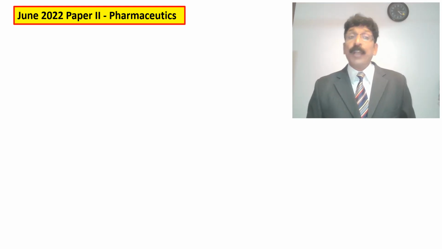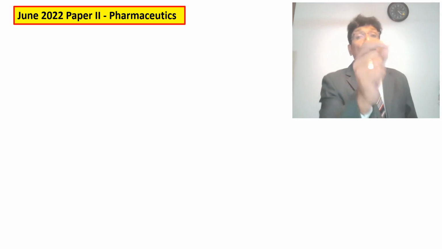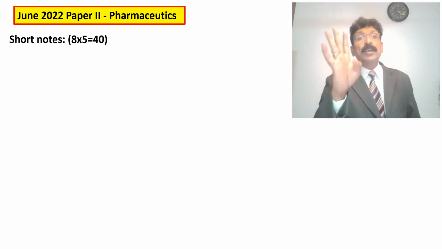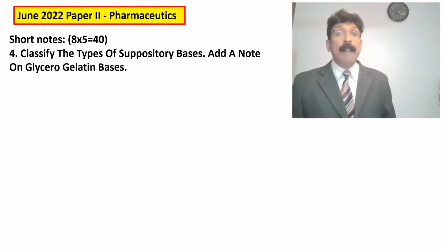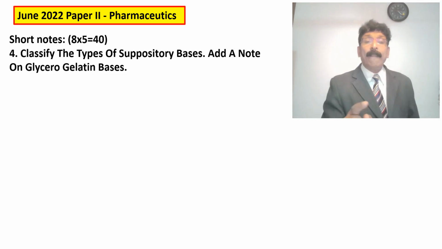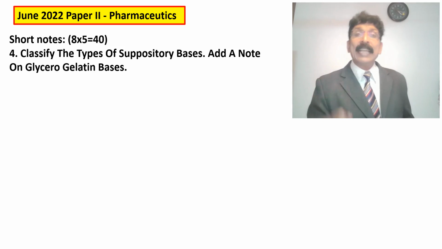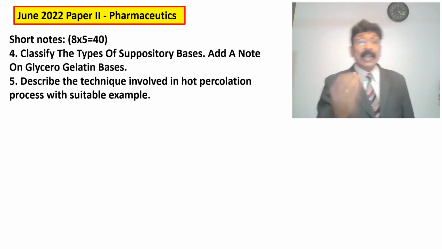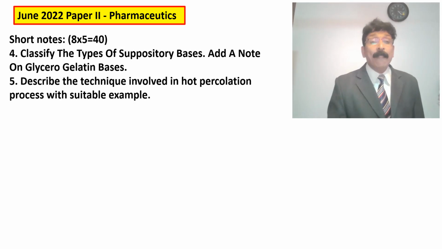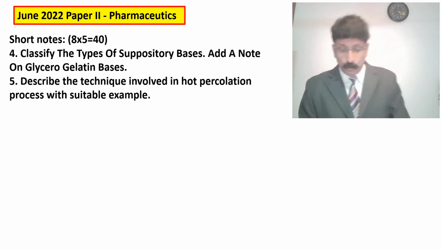June 2022, paper number 2, Pharmaceutics, continuing what you have discussed, short notes, 8 short notes will be asked for PharmD students. In that, number 1, classify the types of suppository bases, add a note on glycerogelatin bases. Number 5, the second 5-mark question, describe the technique involved in hot percolation process with suitable example.